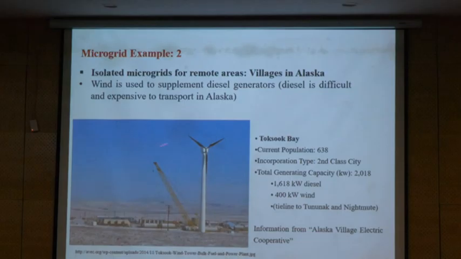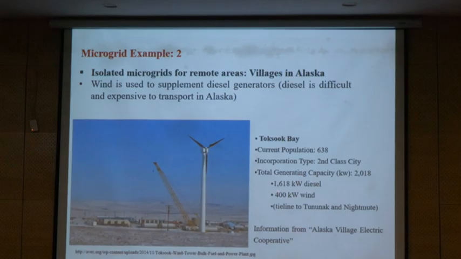But the main interesting part is remote places, where you have a small village far from the distribution or transmission line. You don't need to provide a new transmission line. This is an example of a village with 638 population in, if I'm not wrong, Alaska. We have a diesel generator which provides 1.6 kilowatt and also wind with 400.